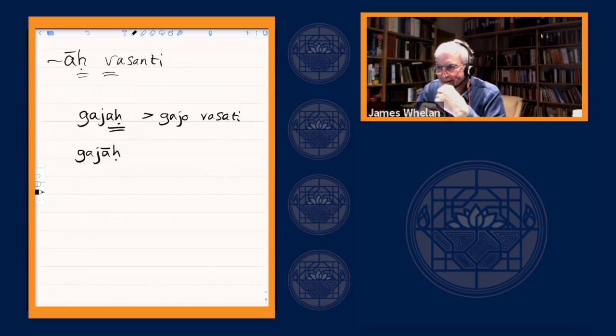Here we go. Okay. Gaja. Yes, gaja. Excellent. Kutra gaja vasanti. Where do the elephants, plural, live? Very good.